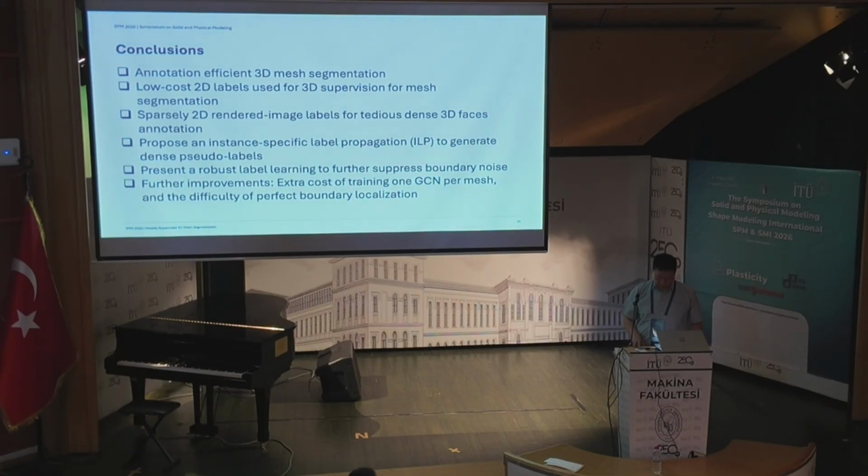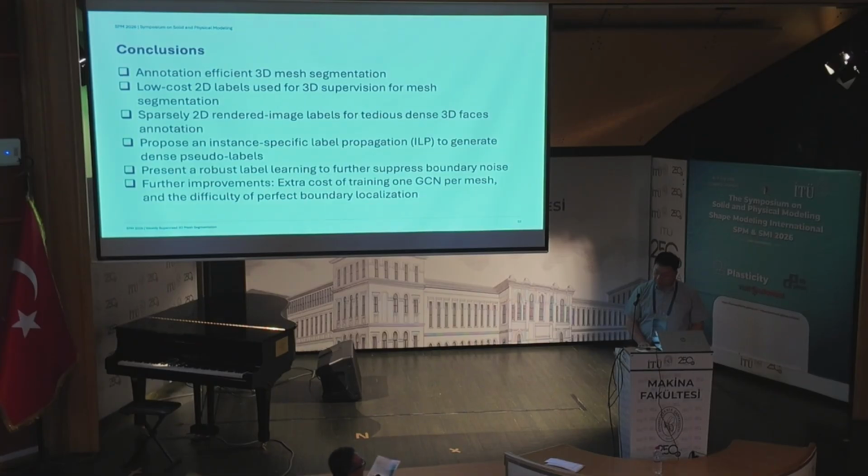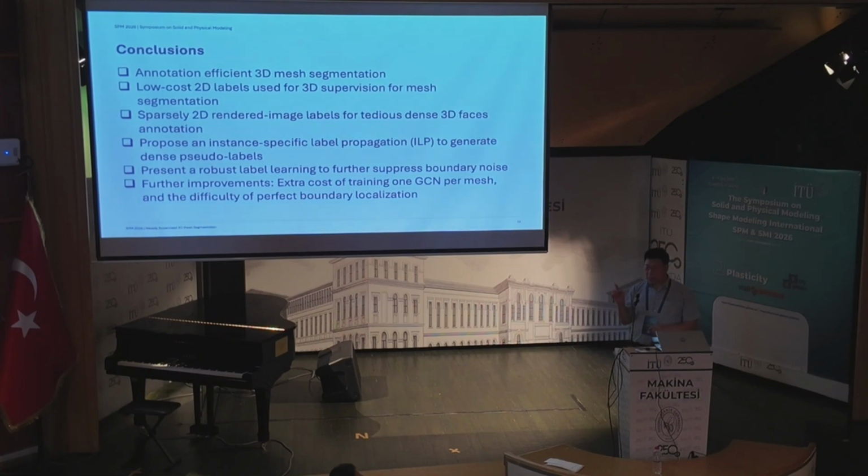Another question: when I first saw the title, I imagined you are labeling on some natural image. Do you think you can work on natural image pictures, to get a 3D mesh for that picture? I'm not sure; that may be another area, model reconstruction from 2D image to 3D. For this work, the input is a 3D mesh.